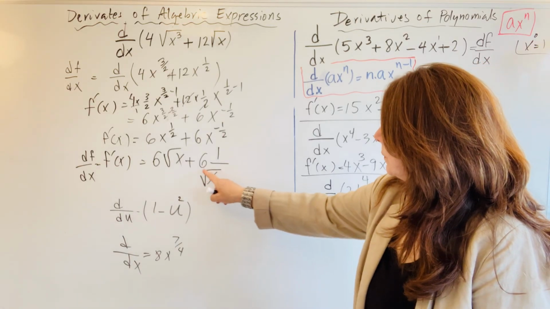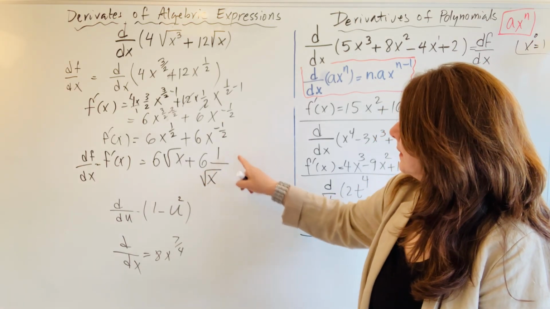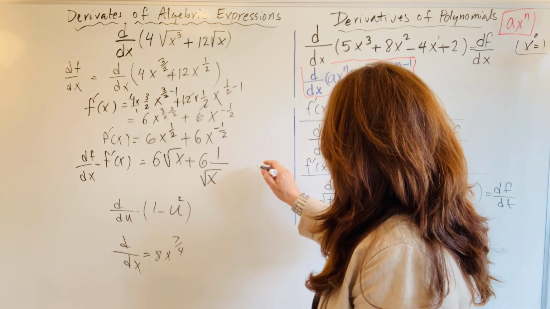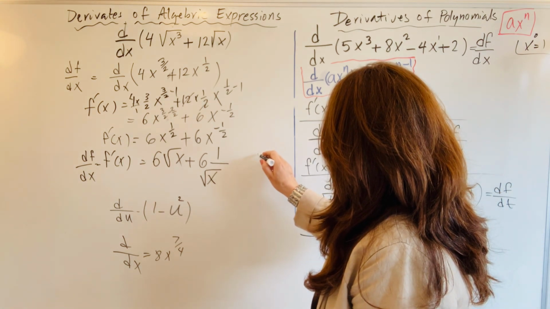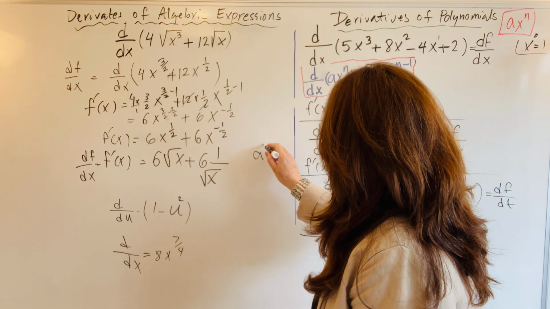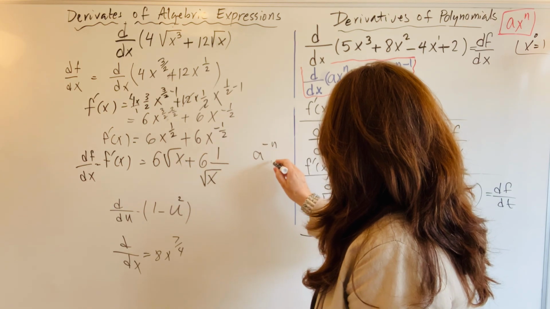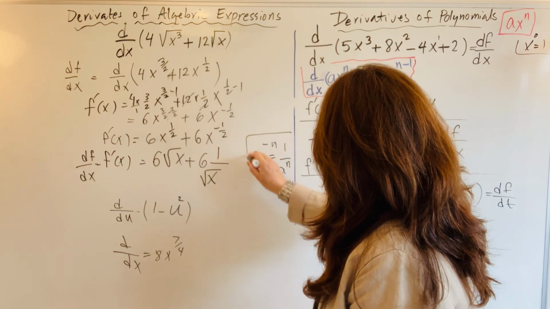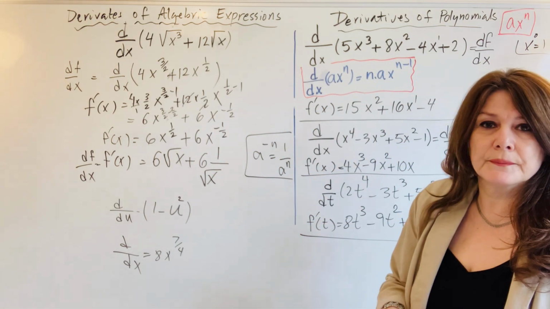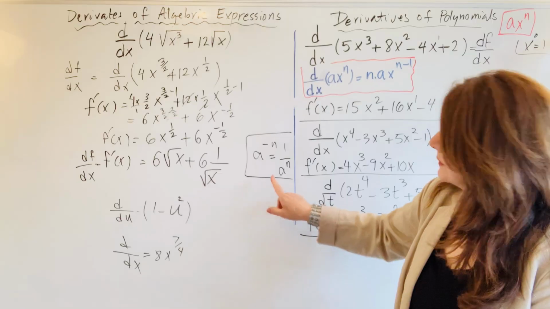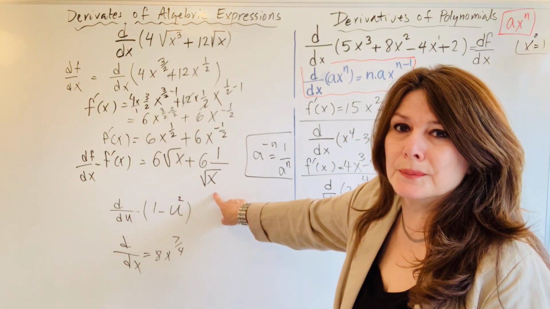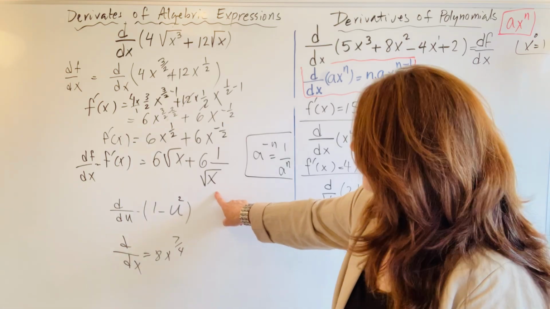Because this is negative 1 over 2, it goes to the denominator. As you know, a to the negative n is equal to 1 over a to the positive n. Yes? This is the rule. The negative goes to just the denominator.